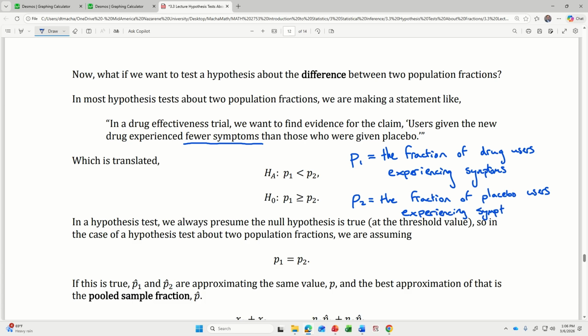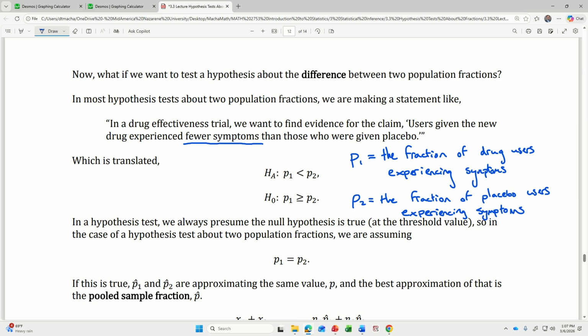If our drug is more effective than placebo, then we expect P1 to be less than P2. That's what we're trying to find evidence for, so that's our alternative hypothesis.